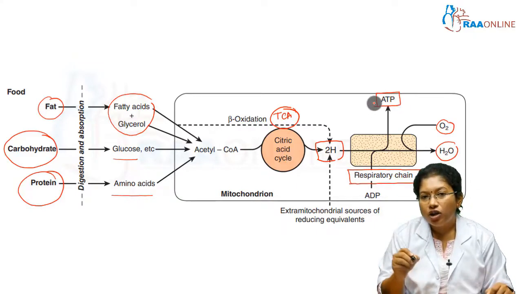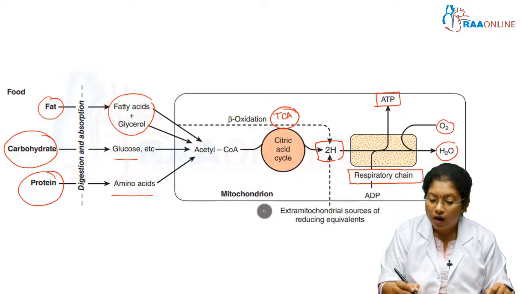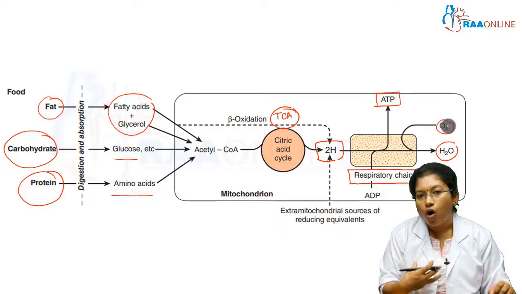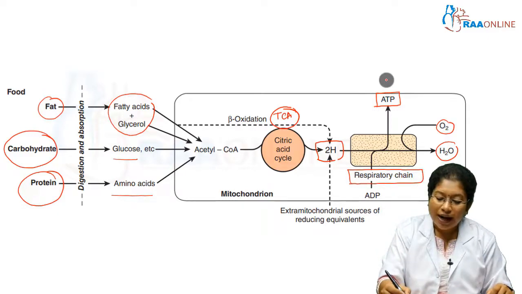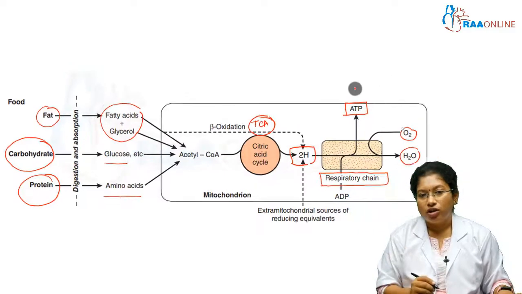So, the biological oxidation takes place in the mitochondria. Cellular respiration means it utilizes oxygen and produces energy, which is ATP. So this is called biological oxidation.